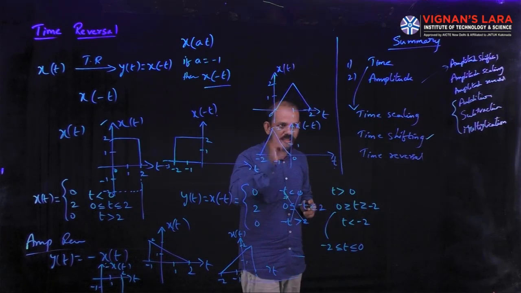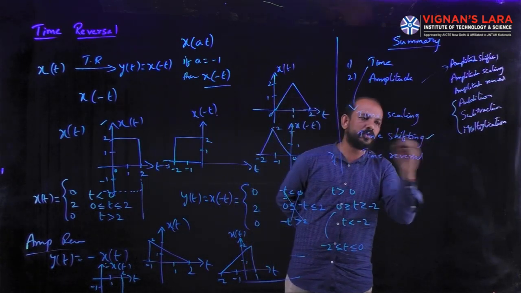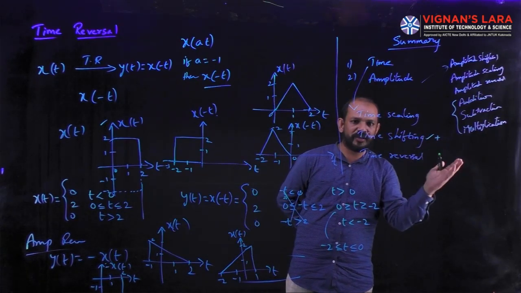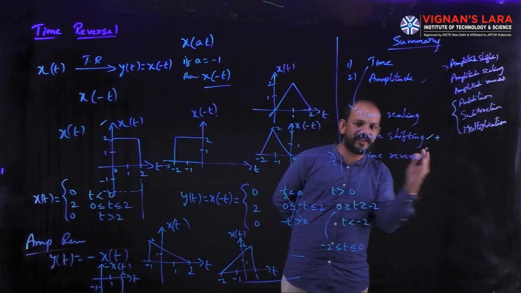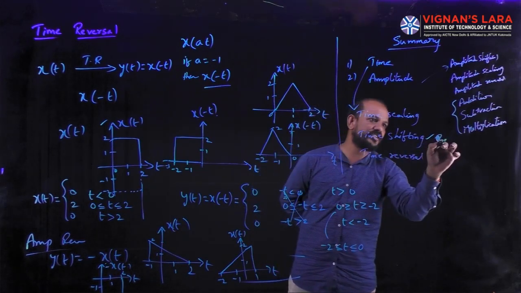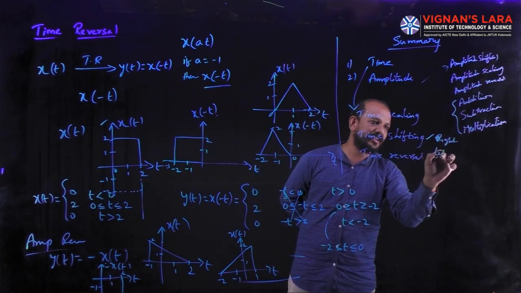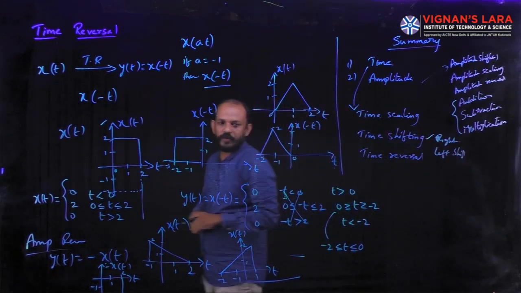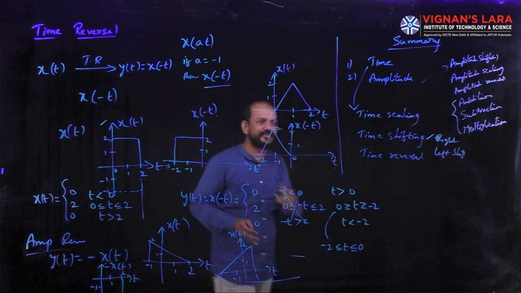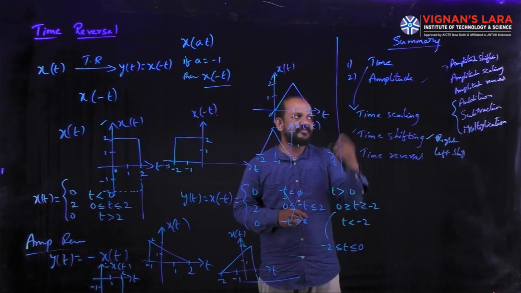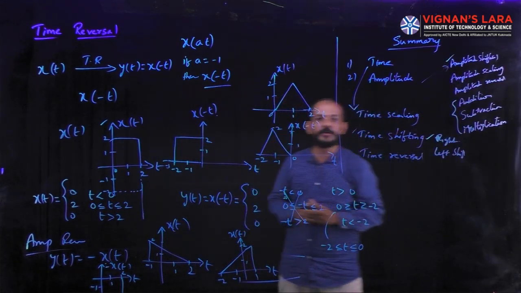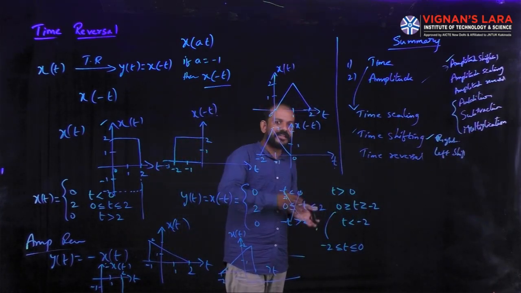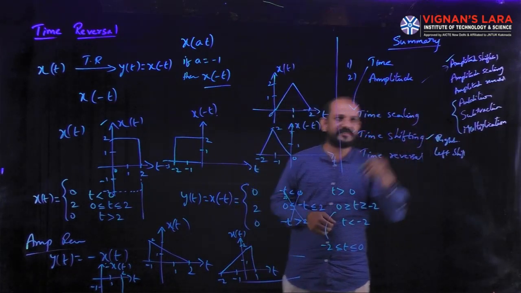In time shifting we have two types: right shift and left shift, positive shift and negative shift, that is delaying the signal or advancing the signal. Next I went for amplitude shifting, where there is upward shifting and downward shifting. I explained this.